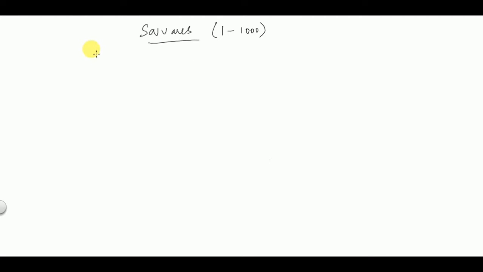So this square can be found for numbers from 1 to 1000. I am classifying this into 4 cases.